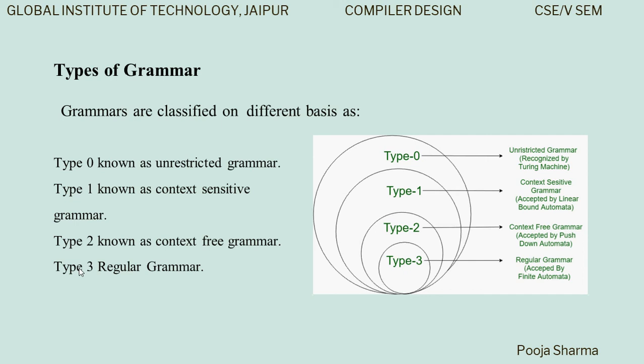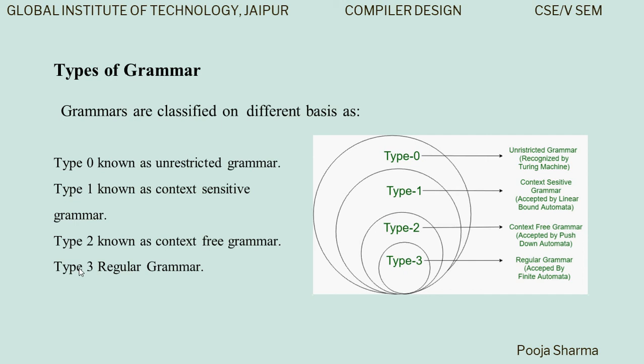And type 1 and type 2 are some intermediate types. Type 3 languages are also known as regular languages, and the corresponding grammars are known as regular grammar. Incidentally, the regular expressions that we have seen in our lexical analysis discussion fall into this class of regular grammar.